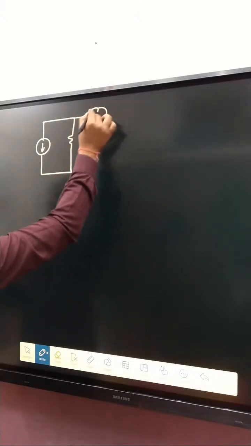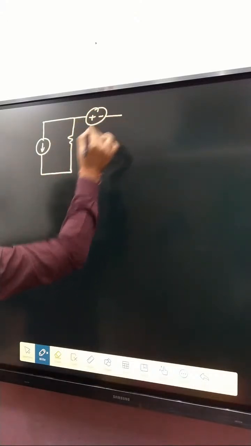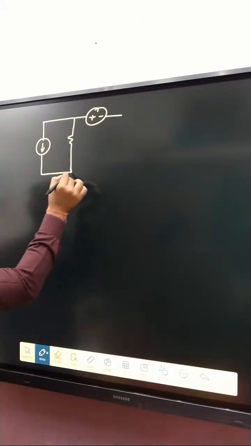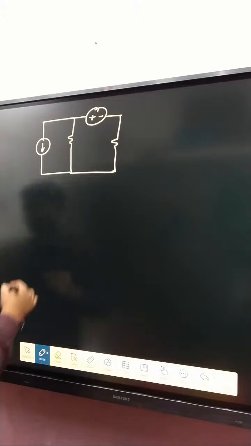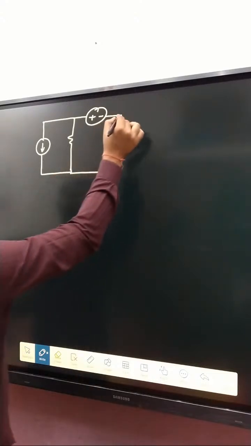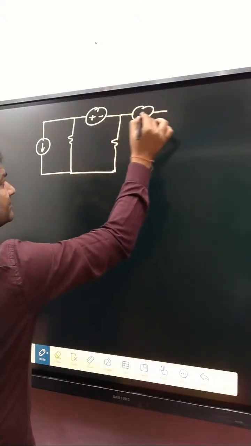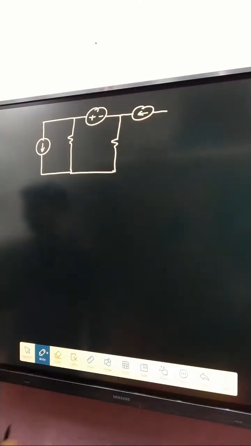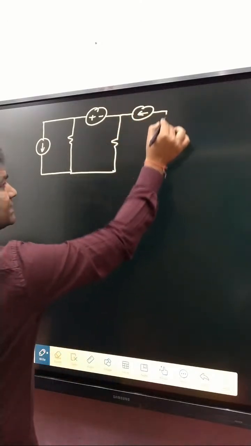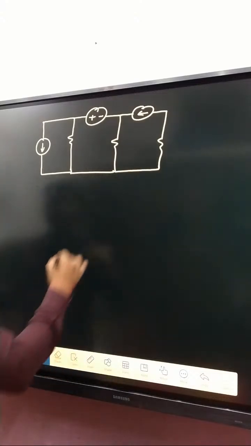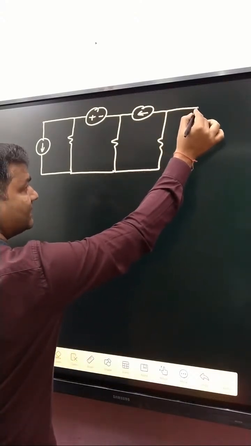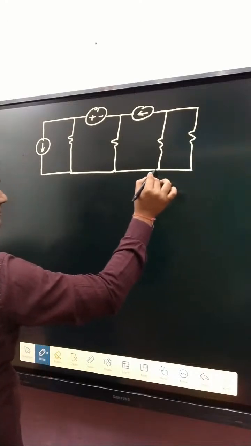After that, a plus-minus voltage source is connected. After that is 4 kilo ohm. After that, a current source is connected like that, and that one is 3 kilo ohm connected, and another resistance connected here.